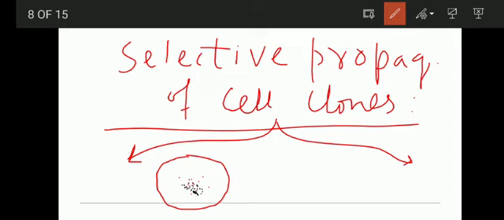And these are cell clones, or populations of identical cells that are descended from a single cell. Then subsequently, individual colonies can be picked from the plate, and the cells can be further expanded in liquid culture.